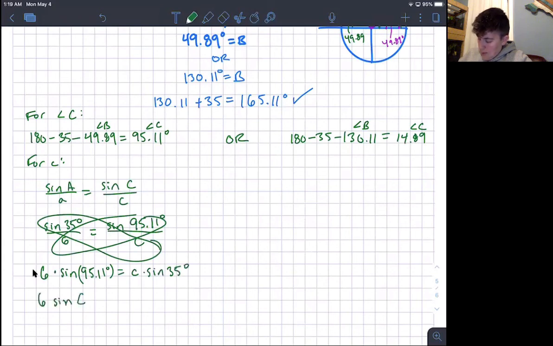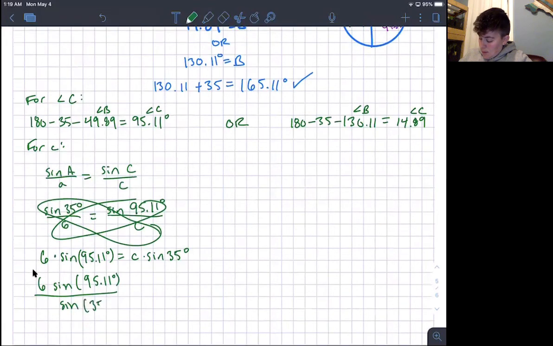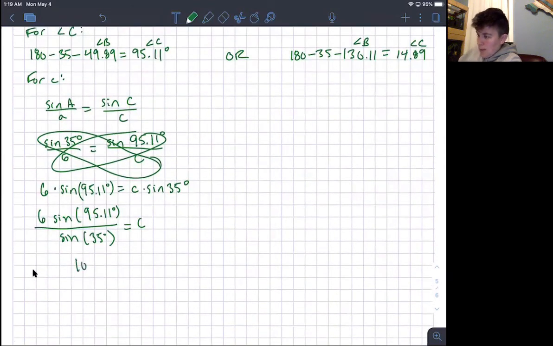So 6 sine 95.11 divided by the sine of 35 degrees, that will get me to C. So let's do 6 times the sine of 95.11, divided by the sine of 35 equals. So that's telling me that C is equal to 10.42. It's 10.419105, but we'll just round it off there.